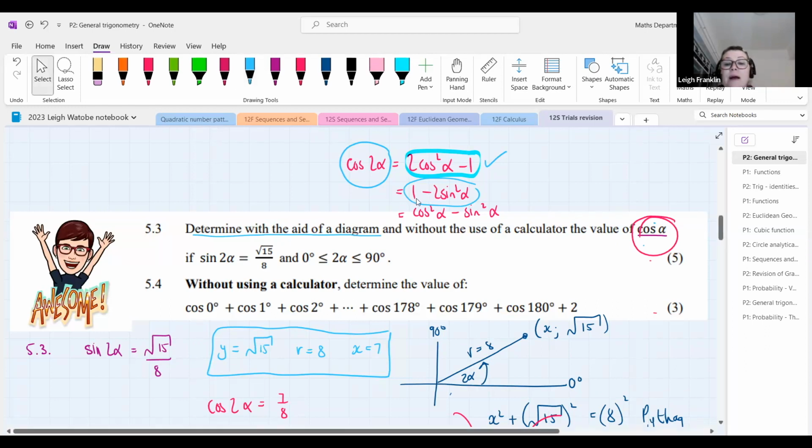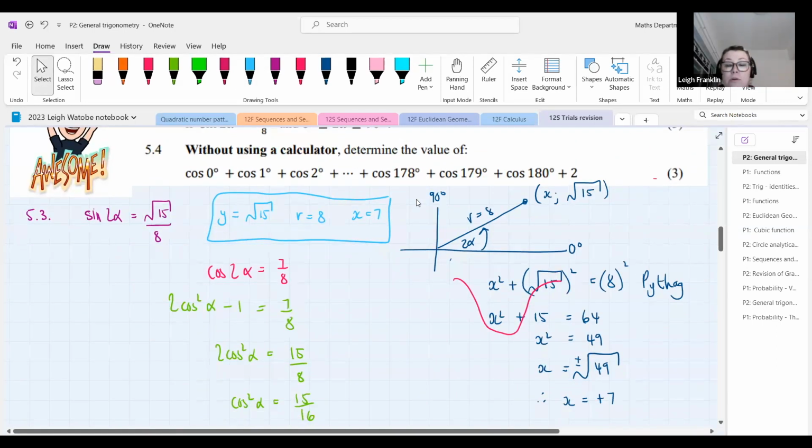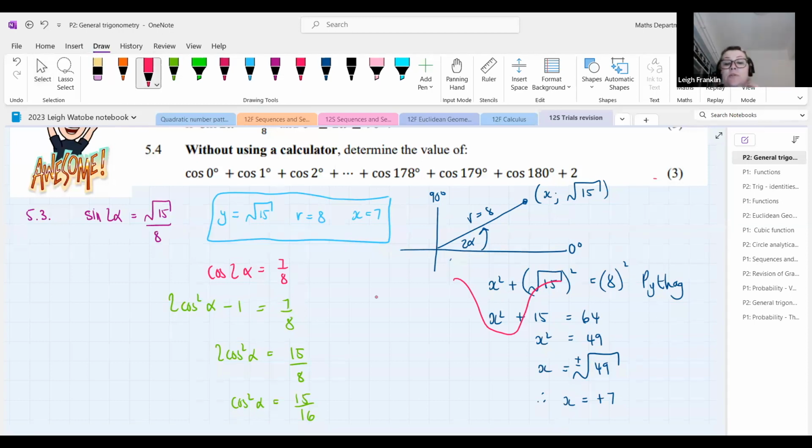So that was out of 5 marks. What do we need in order to be able to answer this question? Well, we need 7 over 8. We need to know what cos 2 alpha is equal to. They said we need to draw a diagram. There we go. Don't forget you must label your angle. We'd need a value for x, and we'd need to know what cos 2 alpha is equal to using our identity.